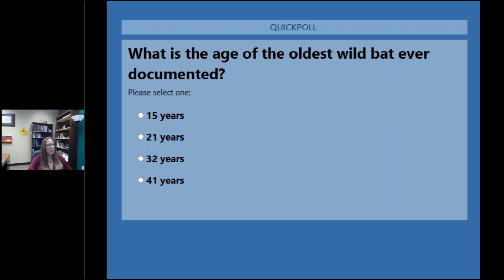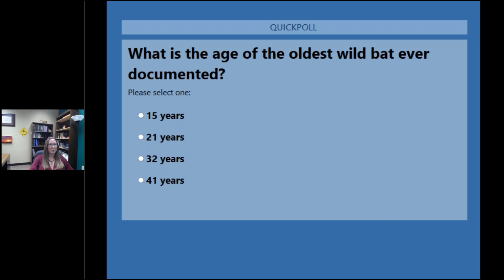So the question here is, what is the age of the oldest wild bat ever documented? A, 15 years, B, 21 years, C, 32 years, or D, 41 years? Sarah, it looks like the winning answer so far is C, 32 years, with 43% of the vote.